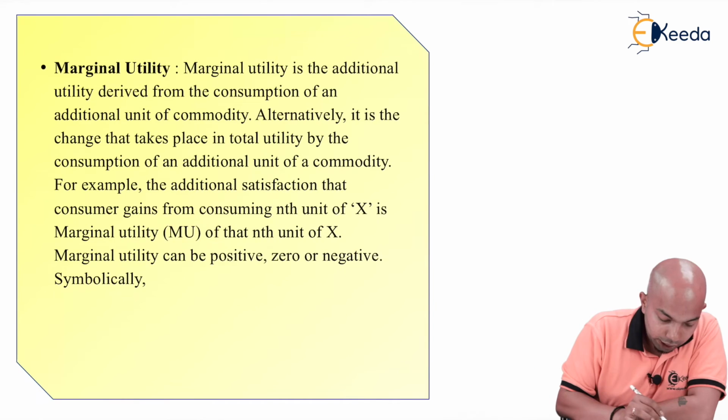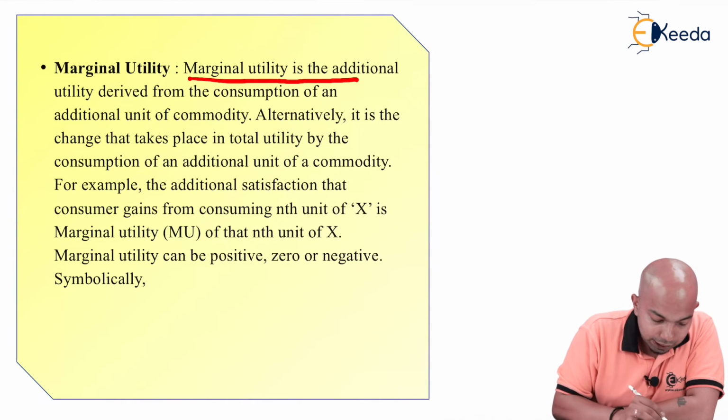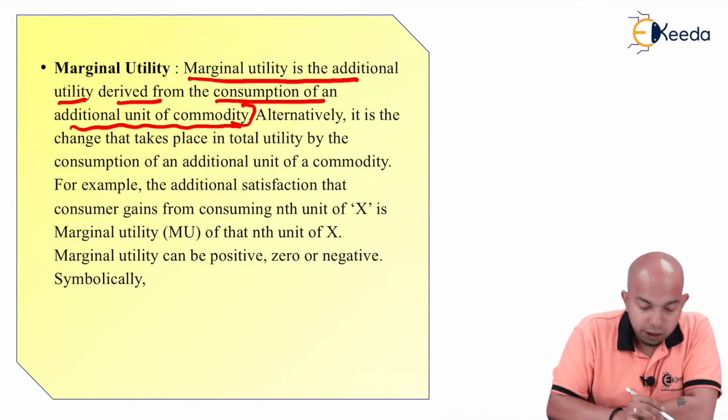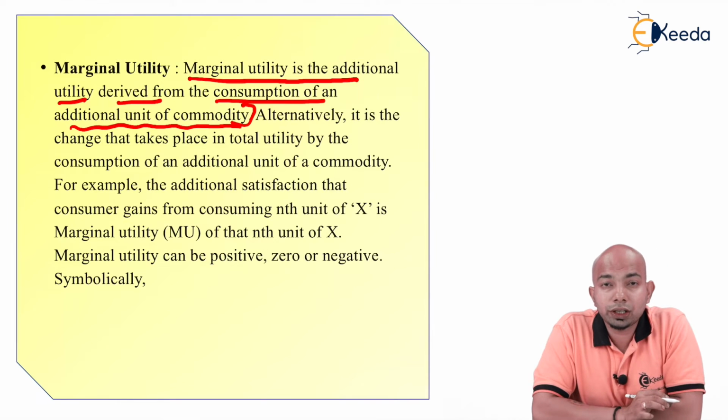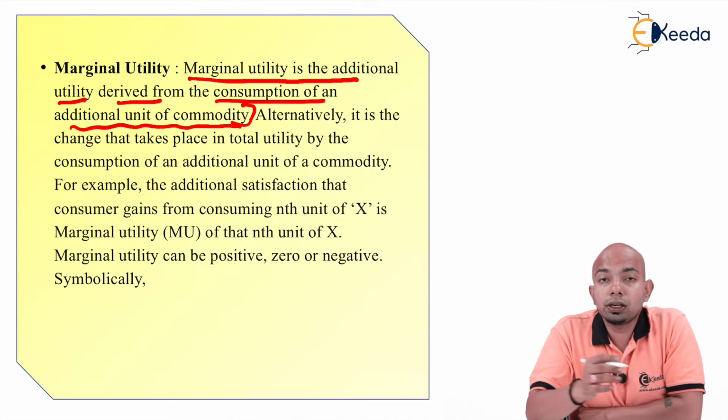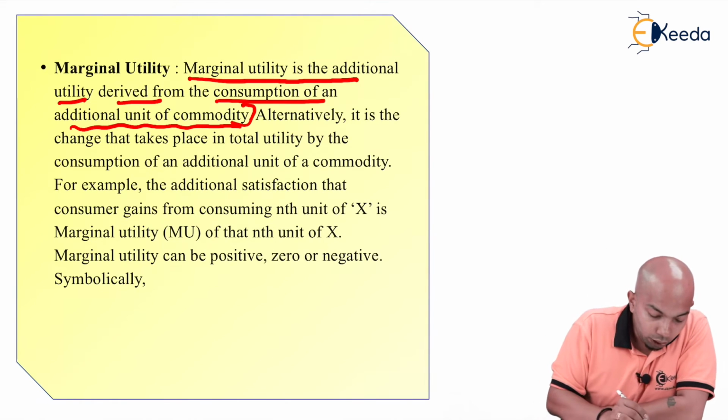Marginal utility is the additional utility derived from the consumption of an additional unit of a commodity. So whatever additional unit of a commodity you consume, the additional satisfaction level that you get is explained here.